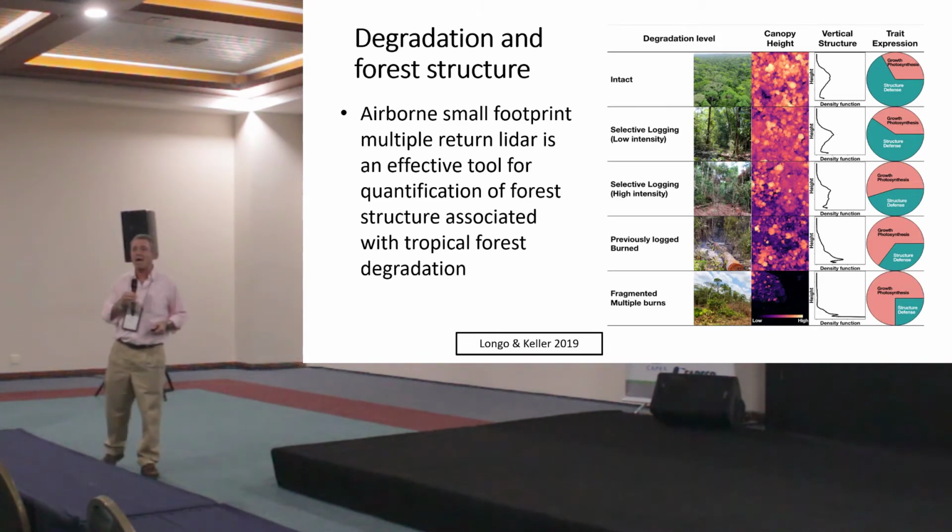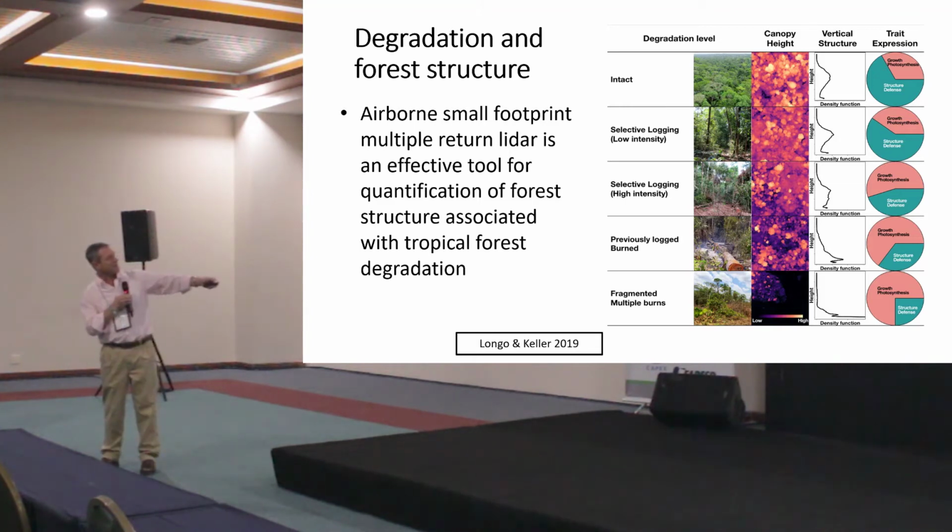We took airborne data, and these are photos of forests sideways, and these are top-down canopy height models from intact forest, which is high, to very heavily degraded forest, with sideways profiles showing very even, sort of Gaussian profiles for the undisturbed, with very skewed profiles for the heavily disturbed areas, where you see very low profiles.